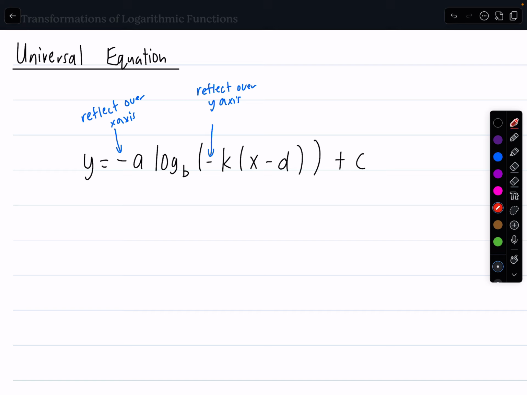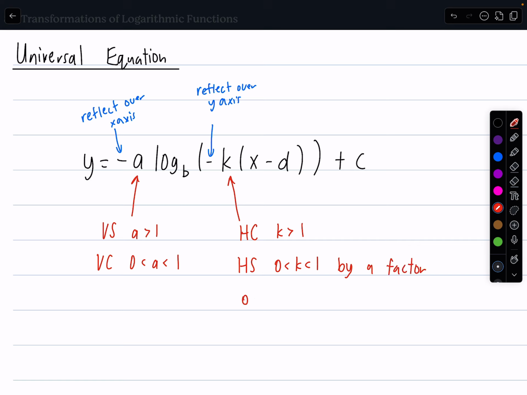The a represents a vertical stretch when a is greater than 1, and a vertical compression when a is between 0 and 1. The k represents a horizontal compression when k is greater than 1, and a horizontal stretch when k is between 0 and 1 by a factor of 1 over k.